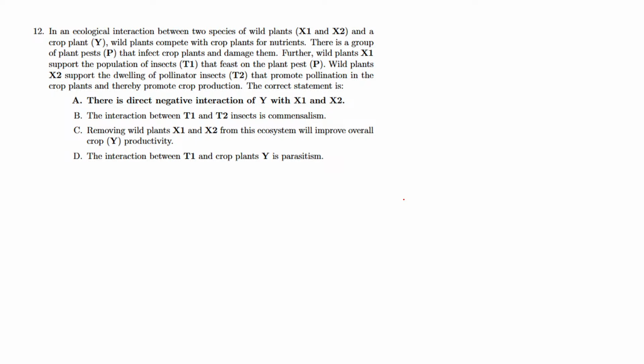So there is a group of plant pests P that infect crop plants and damage them. Further, wild plants X1 support the population of insects T1 that feast on plant pest P. So I have the wild plant X1 that is supporting a population of insects that is feasting on plant P. So plant P is damaging the crop plant.